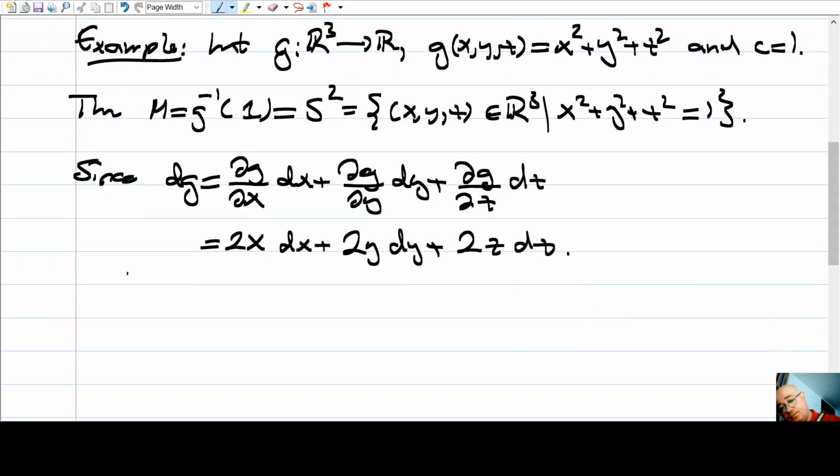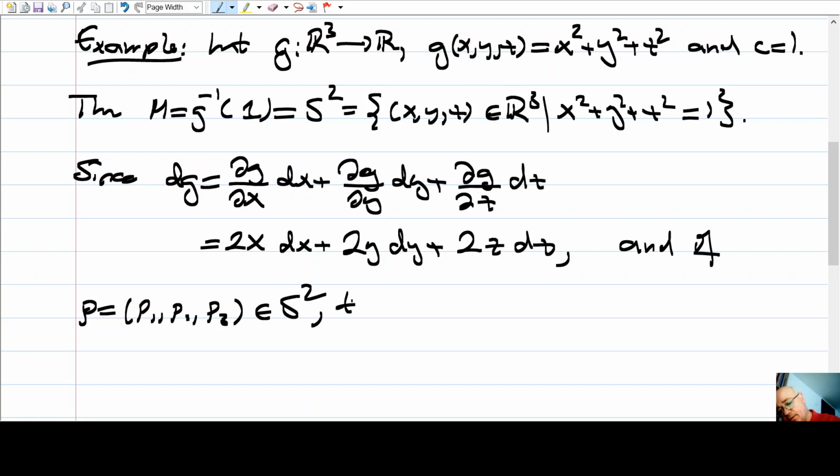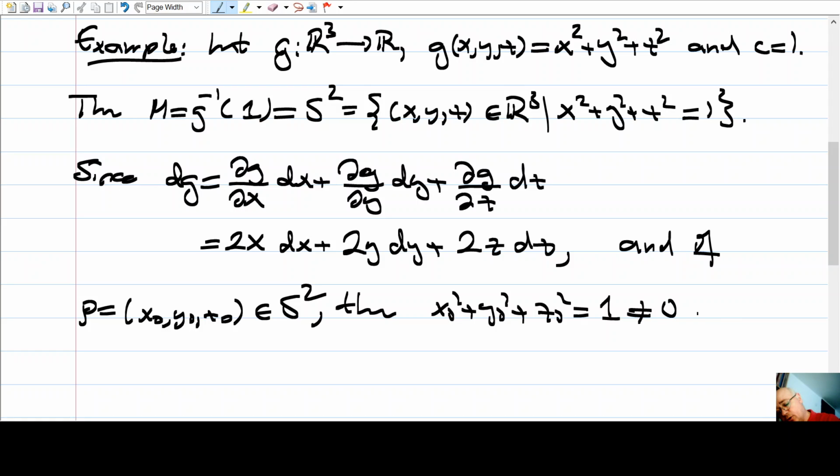And if, let's say, x0, y0, z0 is on the sphere, then x0 squared plus y0 squared plus z0 squared is equal to 1, so it is not 0 in particular.